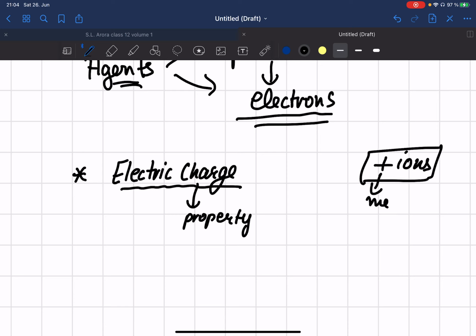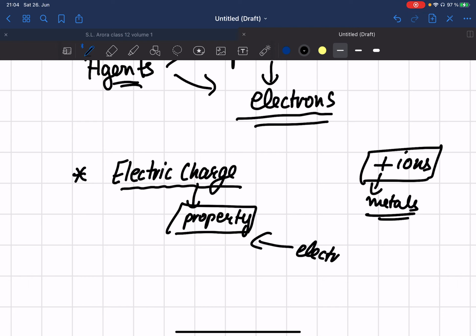That's a property. In the same way, charge is a property of electrons and protons. Protons are also responsible for giving electric charge, of which all objects are made.